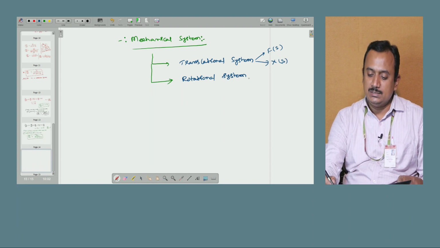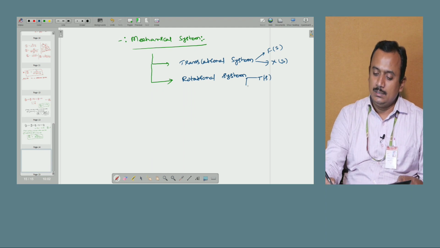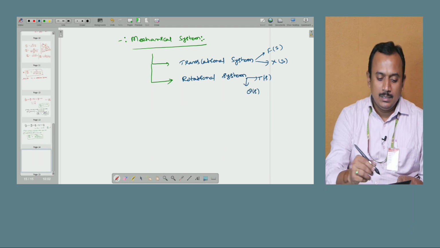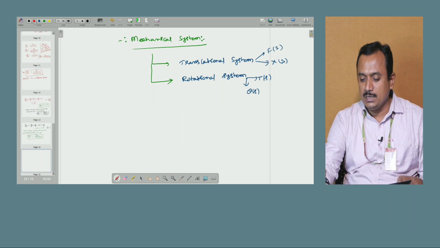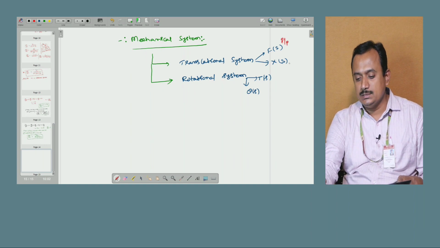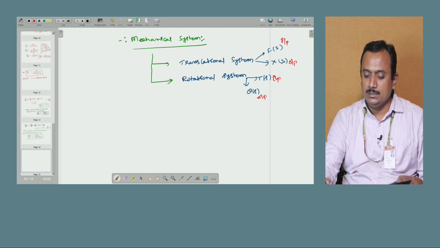In case of rotational system, we may consider the input as torque, that is T of s, and the output as rotation in terms of Laplace transform, that is theta of s. I repeat, for a translational system, force is the input and the distance is the output. And for a rotational system, T of s is your input and output is theta of s.